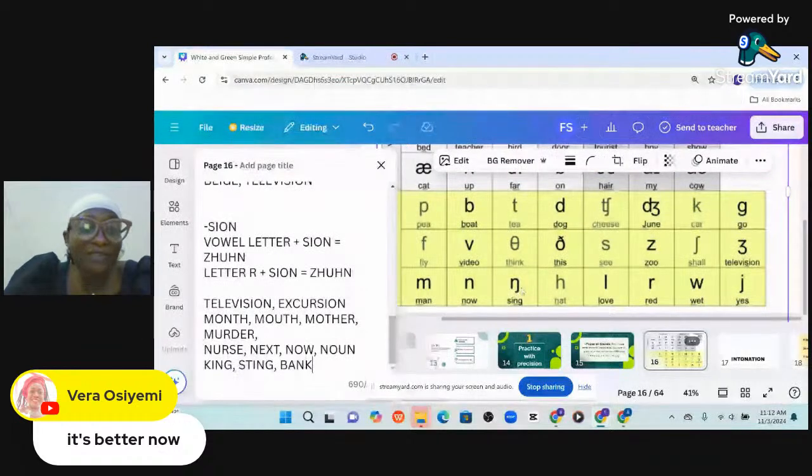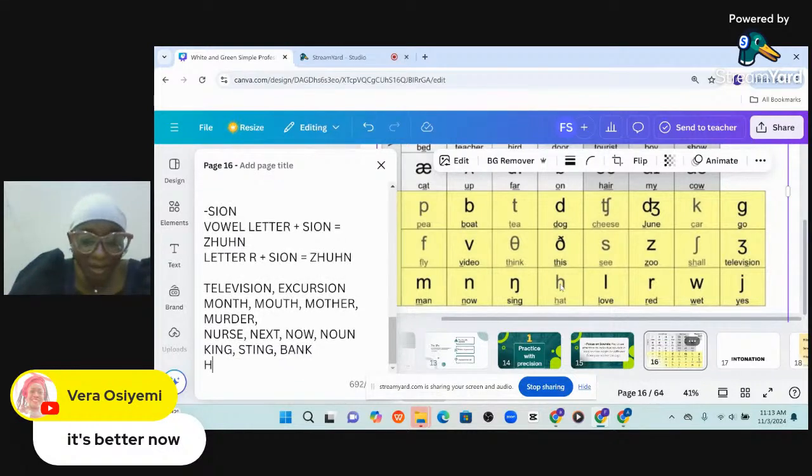Also, when you have letter K after letter N, it will also sound like ng. So we have king, not king with a g. There is no g there. Sting. Bank. Say after me. King, sting, bank.